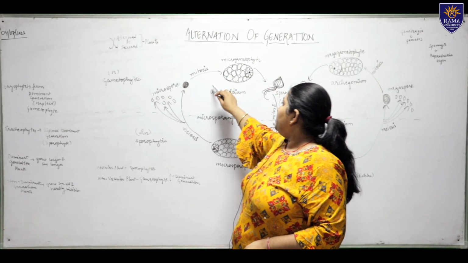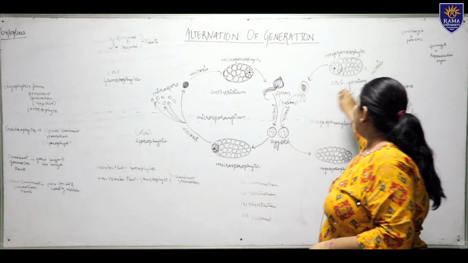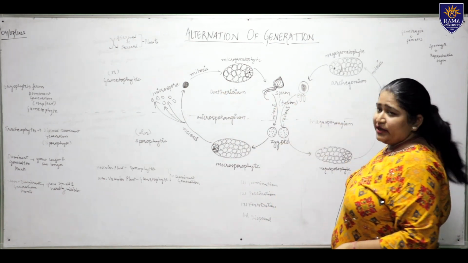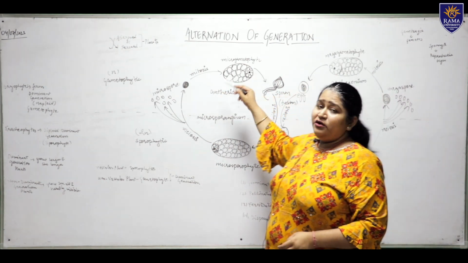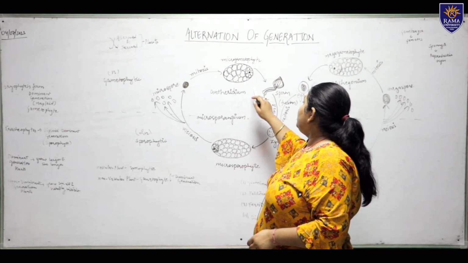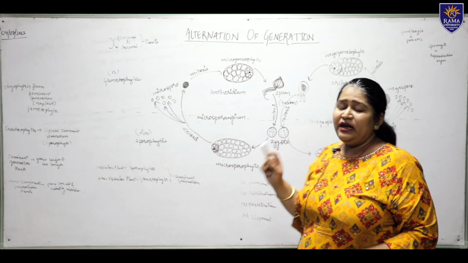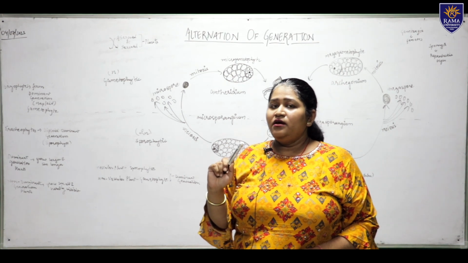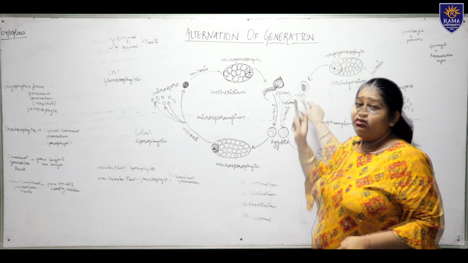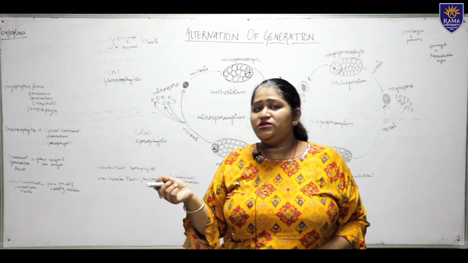So the formation of the microgametophyte and megagametophyte from the microspores and megaspores is due to mitotic divisions. After this, the male gamete, which is the sperm, and the female gamete, which is the egg, are formed. So now what happens next?